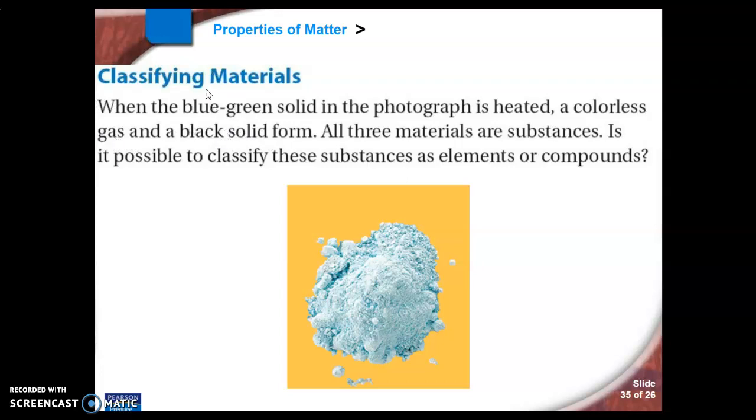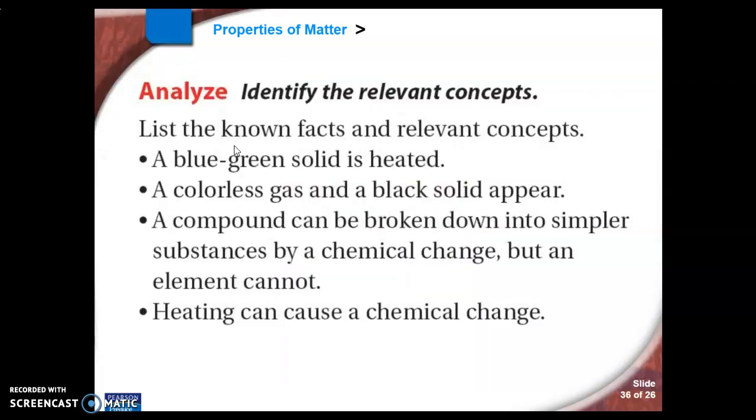We are sure about this blue-green solid. It's a compound. It is not an element because it can form new materials. But we are not sure about this gas and this black solid. Heating can cause chemical change. It says here, a compound can be broken down into simpler substances, but an element cannot.